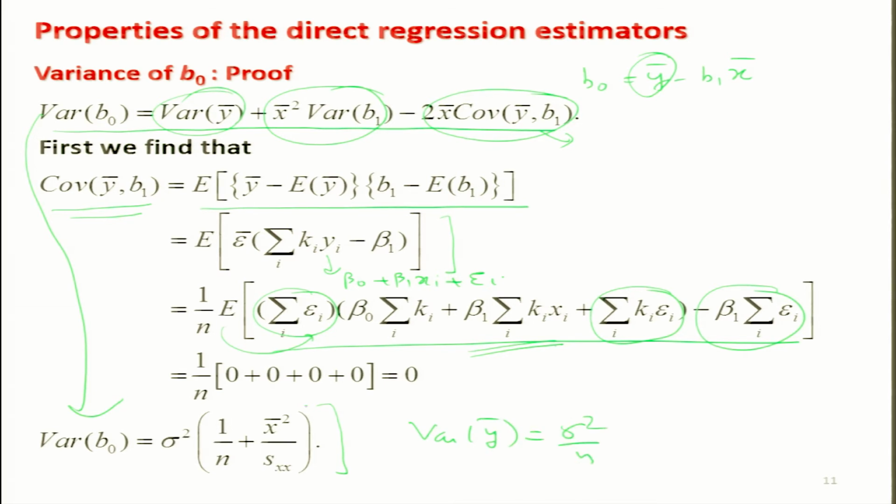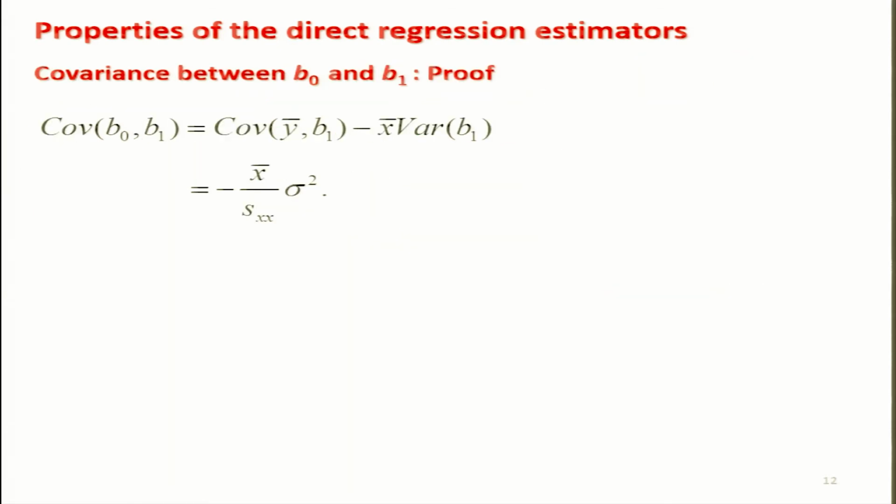You substitute it and you will get the same expression which we have written earlier. And one thing you have to notice here is that this is a bracket sign. So, this epsilon_i will play an important role in making all these expectations 0.